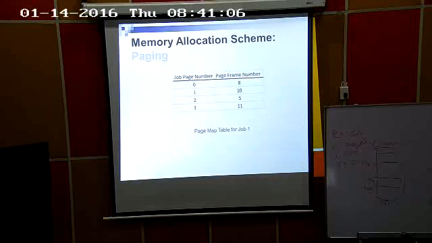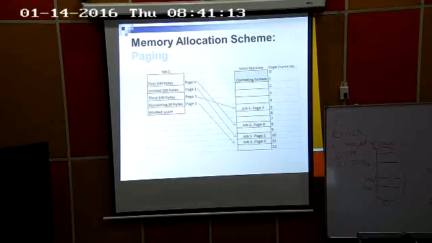Job page number 2, page frame number 5. The diagram would be like this: 5 and job 1, page 2. Job 1, same job divided into pages.